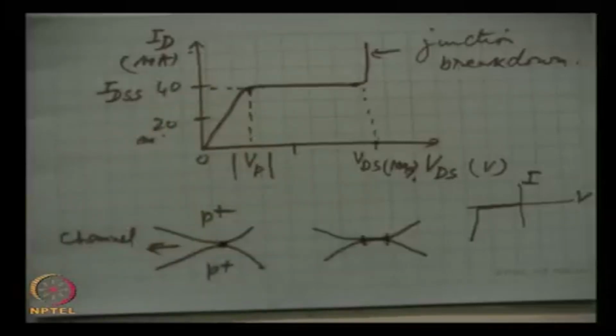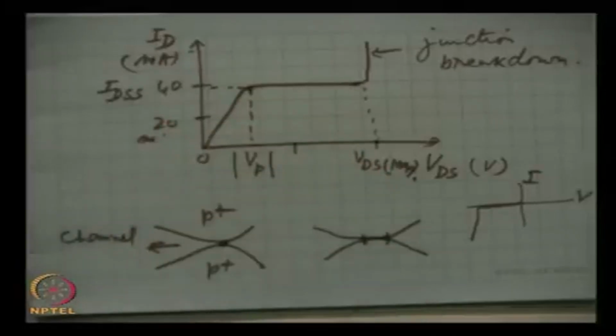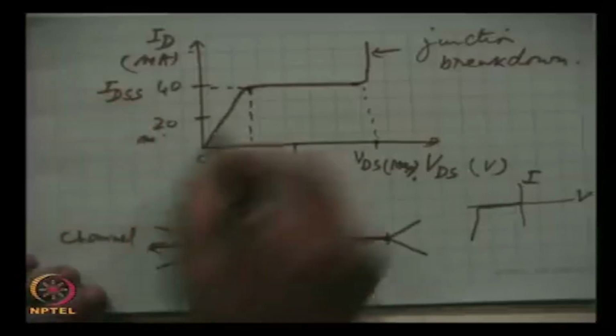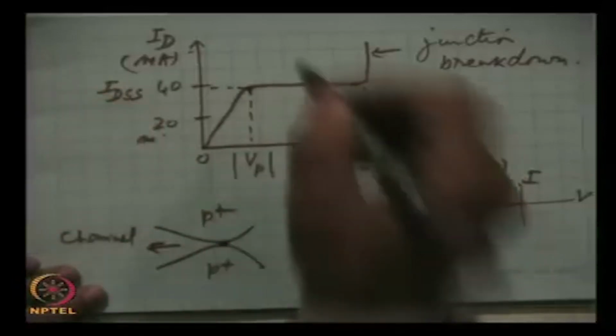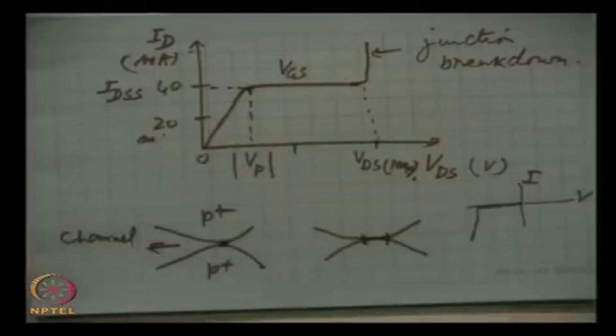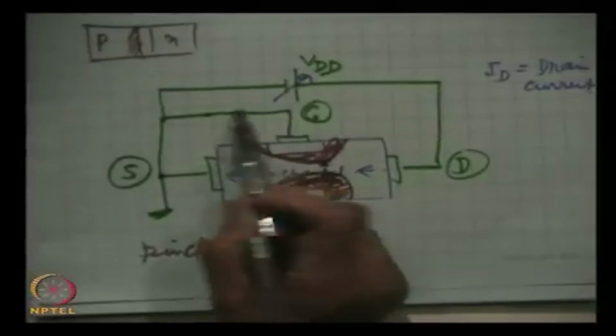This is the maximum current in a JFET. I am sure you have followed these characteristics, and this is when VGS, that means gate source voltage, is 0, because we grounded the gate.